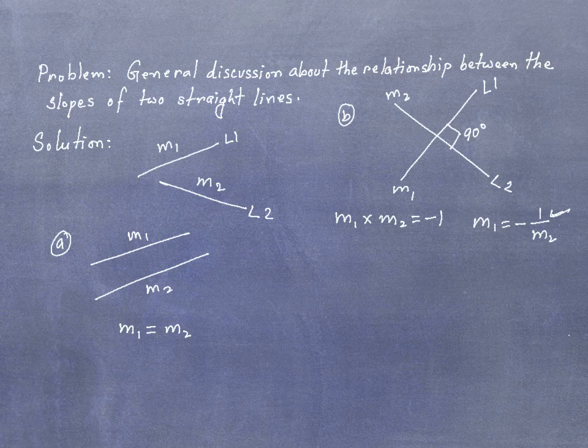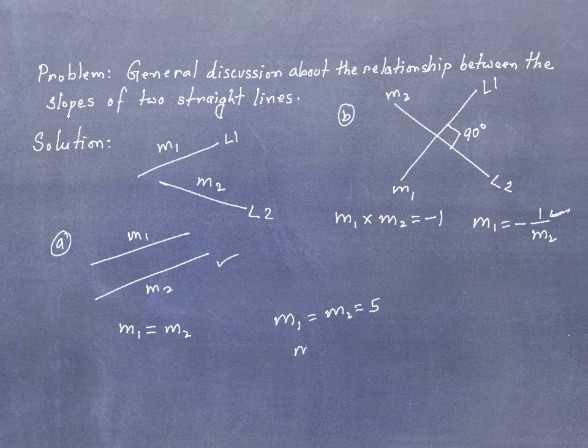Now, these are general things. Also keep in mind some special scenarios. If you are given two straight lines which are parallel to each other, then their slopes must be the same. So, if I tell you you have two straight lines, M1 is equal to M2 is equal to 5, that means these two straight lines must be parallel to each other.